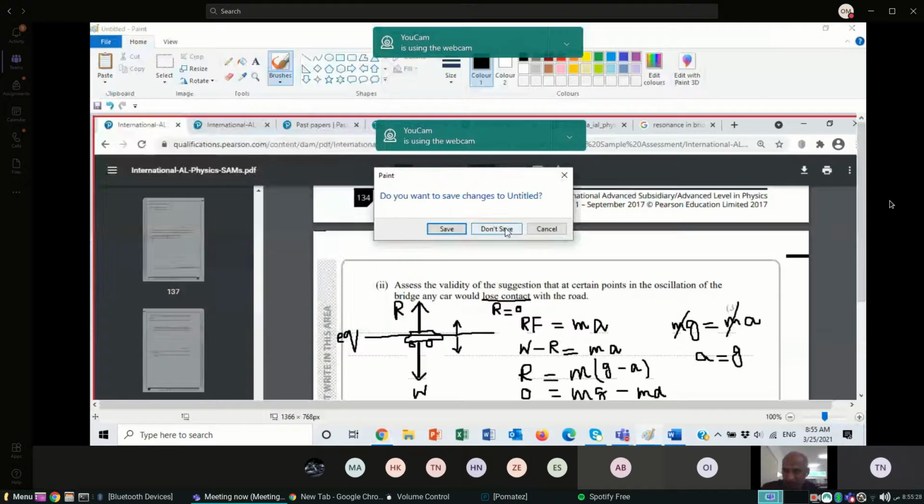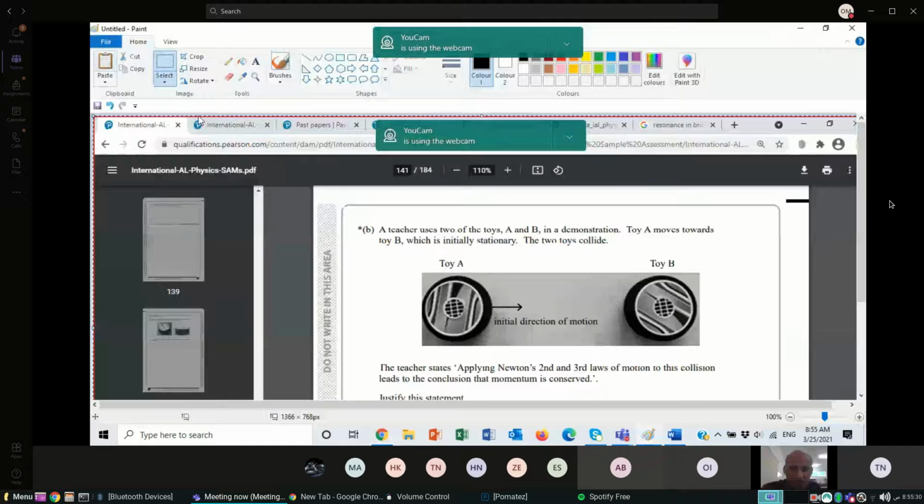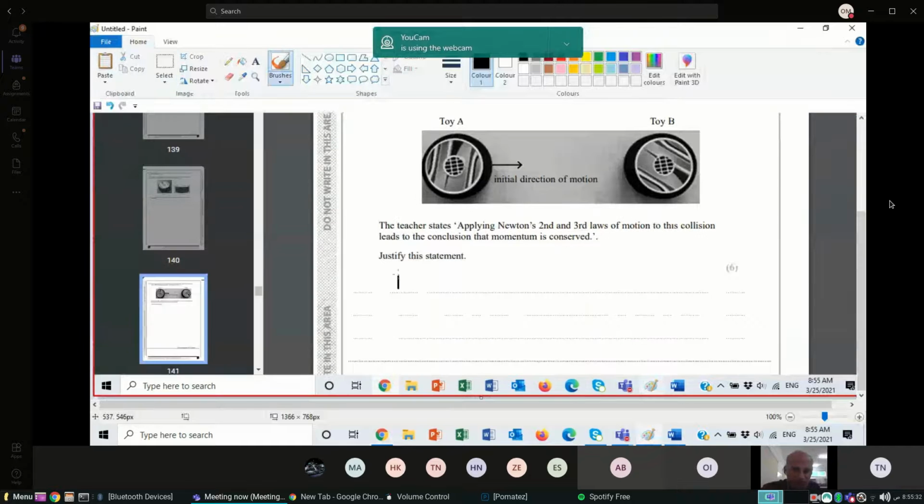So you know that action is equal to reaction, right? So the force that body A applies on body B is equal to the force applied by body B on body A. So you will start with this. This is Newton's third law, with minus signs.